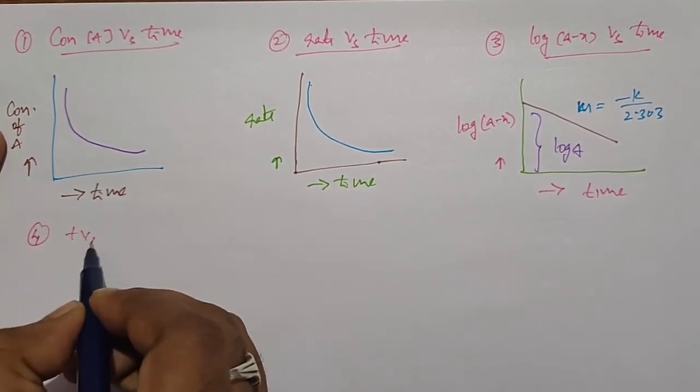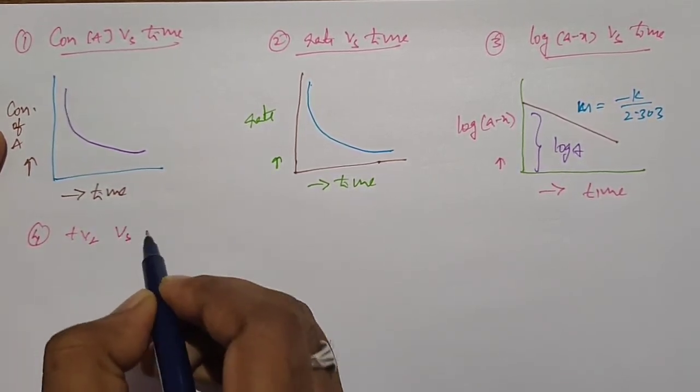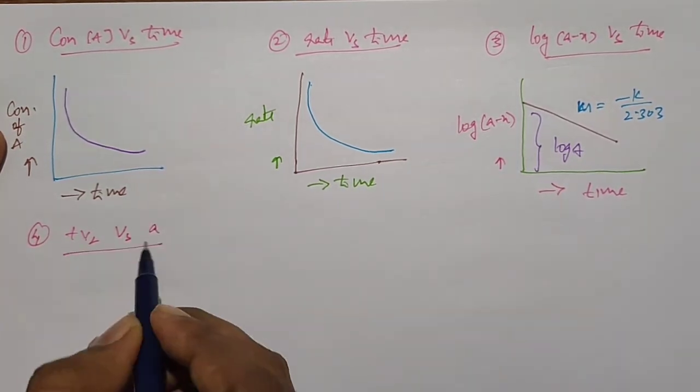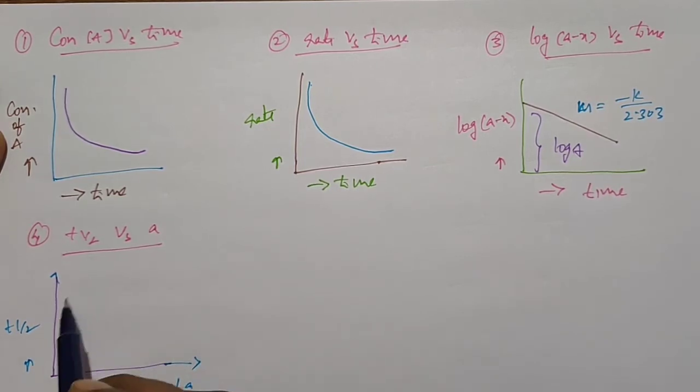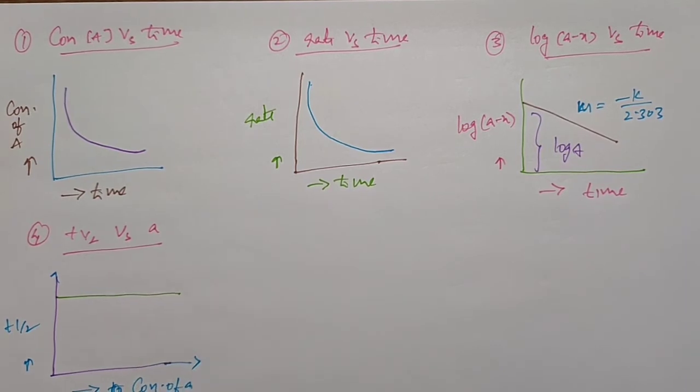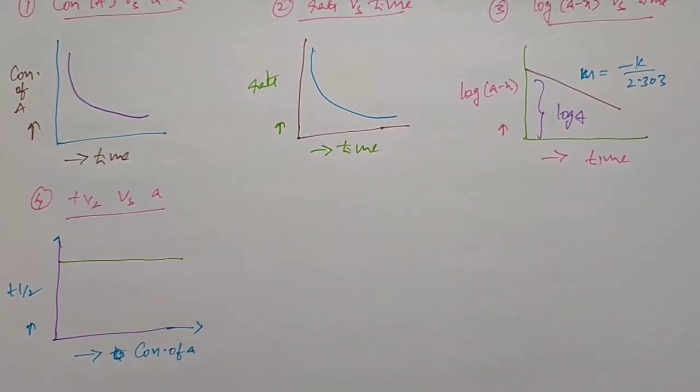Here I take the graph between half-life period and initial concentration of A. On the x-axis I take the initial concentration of A, on the y-axis I take the half-life period. Then we get a straight line parallel to the x-axis. Why? Because for a first order reaction the half-life is independent of the initial concentration of the reactant.